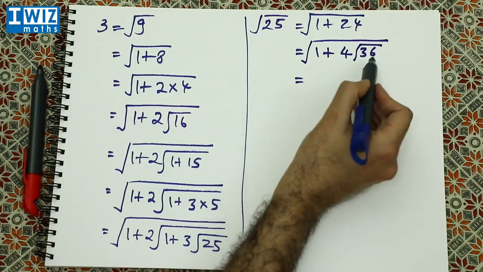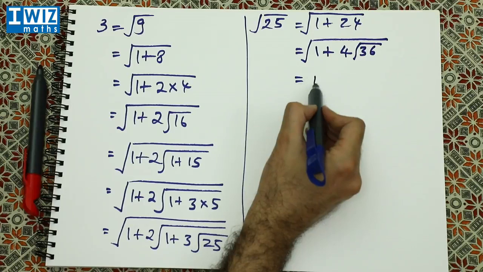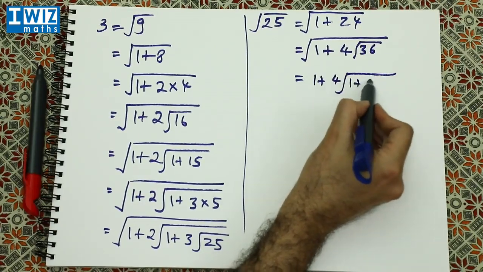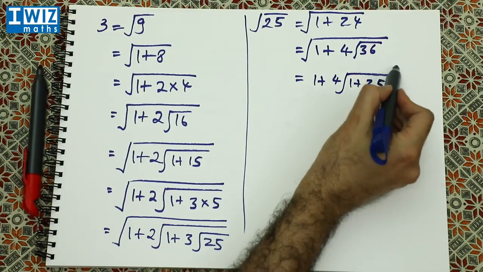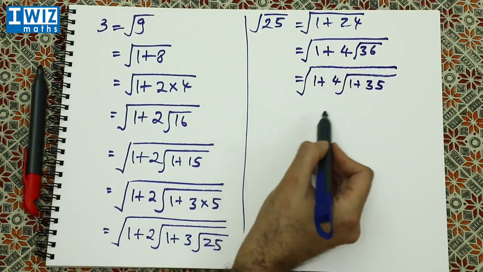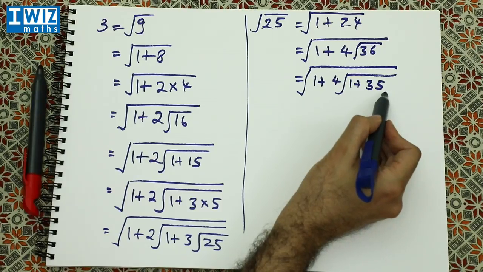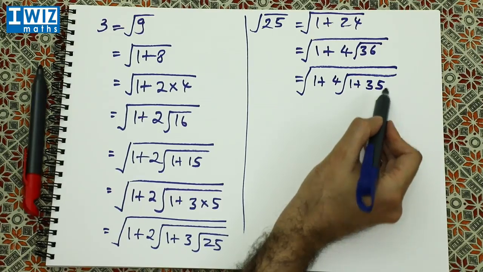Now 36 is 1 plus 35. So you have 1 plus 4 times the square root of 1 plus 35. 35 is 5 times 7, and 7 is the square root of 49.